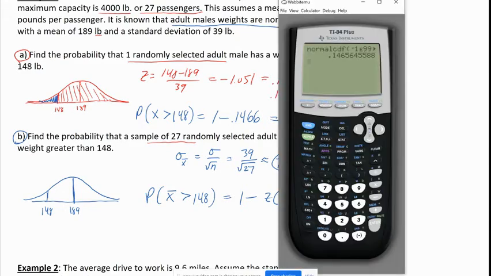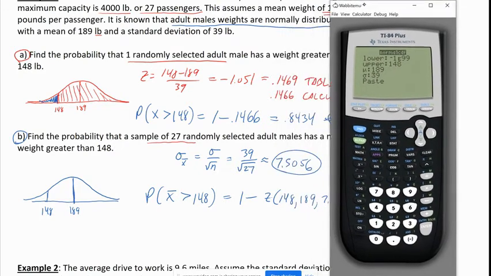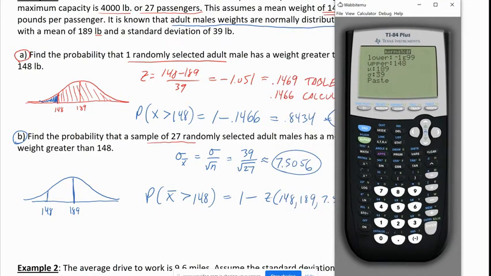Using the calculator again, we'll go second, distribute, normal CDF, and this time our mean is 189 and our standard deviation should be 7.5056. And when we enter that, we get a very, very small number. We want to do 1 minus that, and we get a really large number.